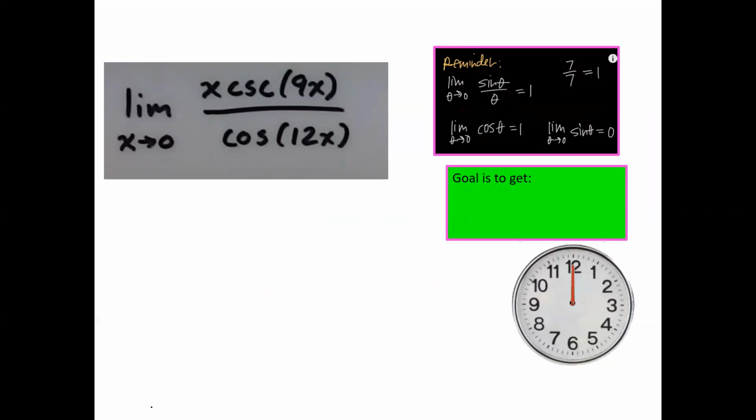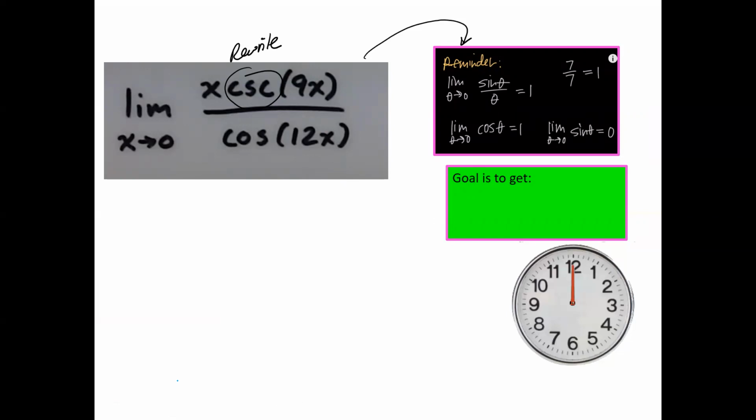Okay, take a look at this one here. All right, so as I'm looking into this, I know that with a cosecant, you will have to rewrite this in order to use one of these shortcuts or reminders.